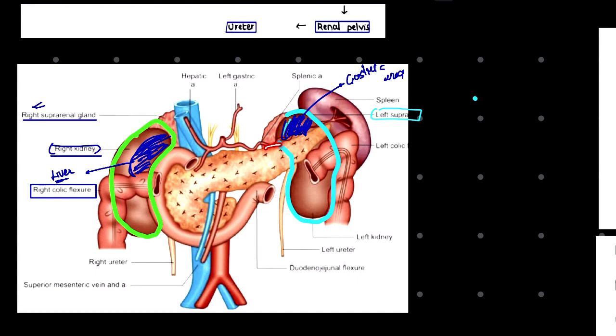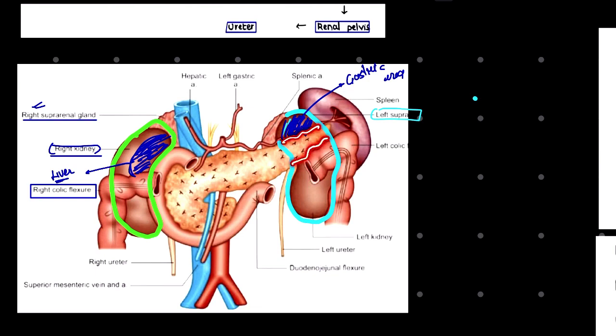Now talking about pancreas, if you see clearly, the tail of pancreas is in relation with the hilum of spleen, not with the left kidney. Talking about the relations with the left kidney, we have what?